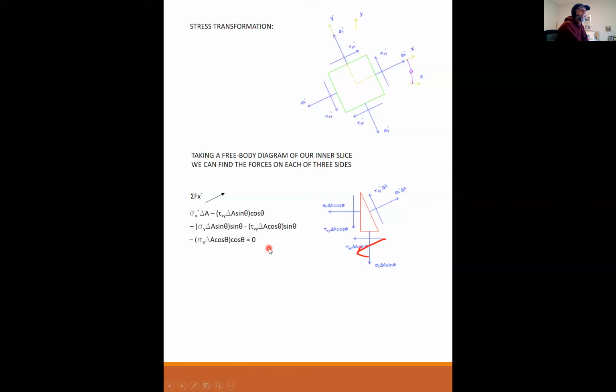All of that equals 0. 1, 2, 3, 4, 5 terms. Why? I have 6 forces on here. Why am I missing a force?